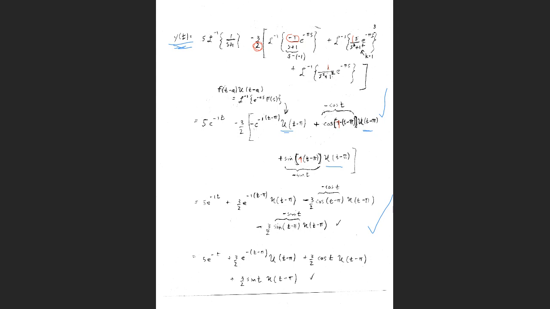Now I'll mention one thing here. I know you're copying, but let me just show you the last page here, so it's in the recording. What I do is I have these unit step functions.